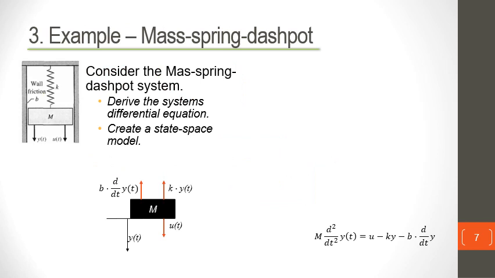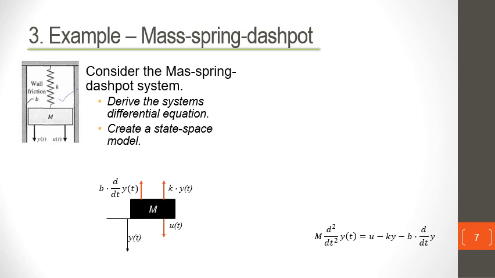Now, as an example of a state space representation of a system, I want us to consider a mass spring damper system shown in this figure.